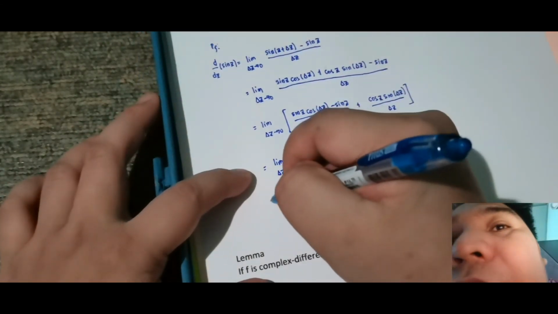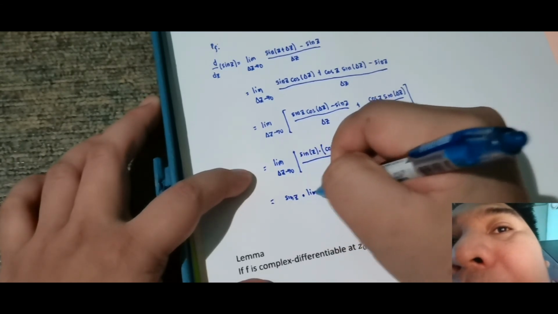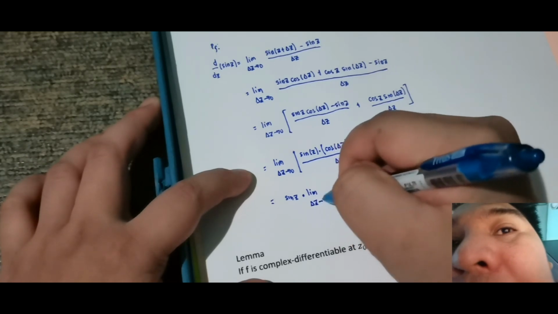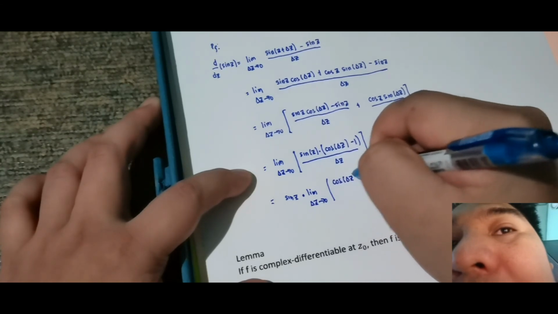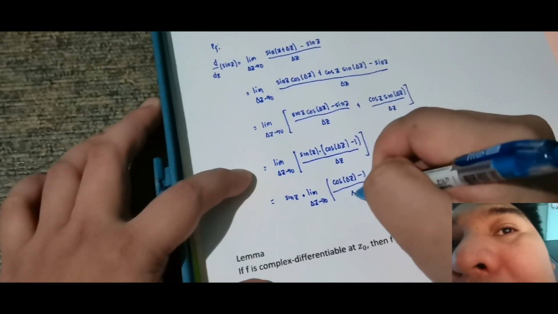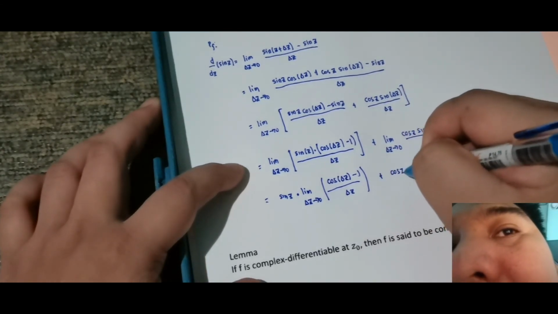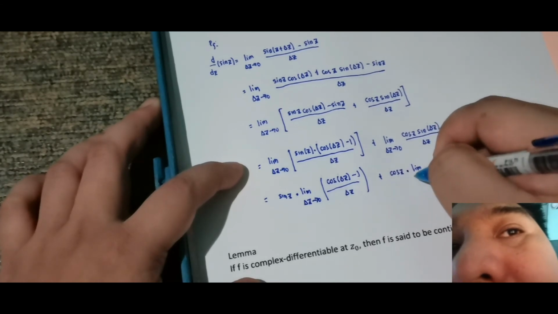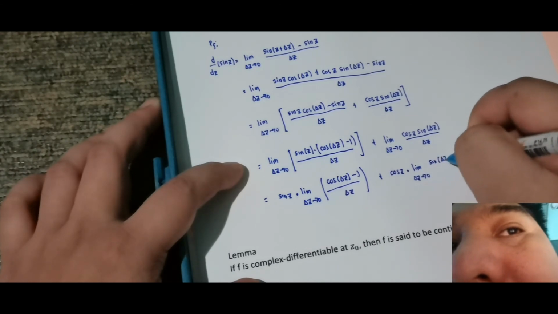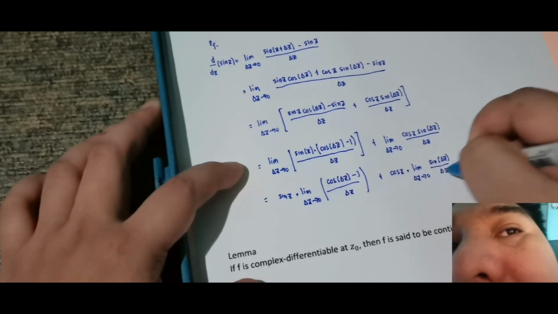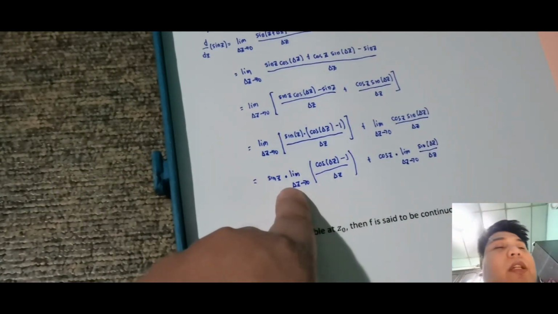So this is equivalent sa sine z multiplied by limit as delta z approaches 0 of cosine delta z minus 1 over delta z, then plus cosine z multiplied by limit as delta z approaches 0 of sine delta z over delta z. So note that the limit of cosine delta z minus 1 over delta z as delta z approaches 0 is 0.